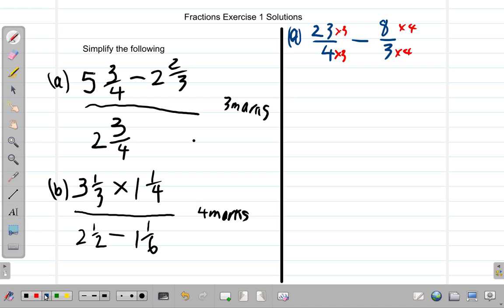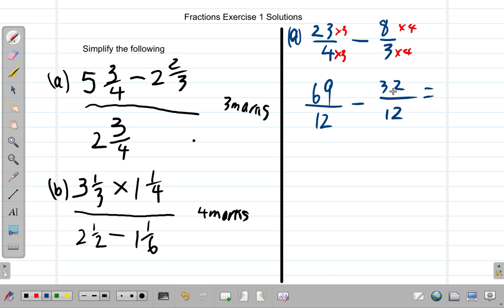So what we have here is 23 by 3. 3 3s are 9, 3 2s are 6, 69 over 4 3s are 12, minus 8 4s are 32 divided by 3 4s are 12. Now, what you have here is 69/12 minus 32/12.